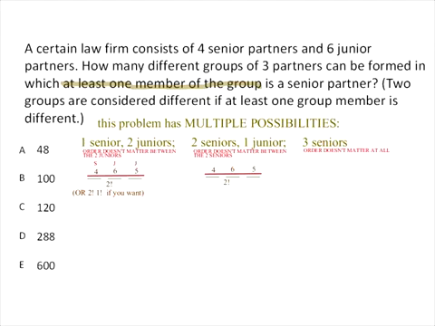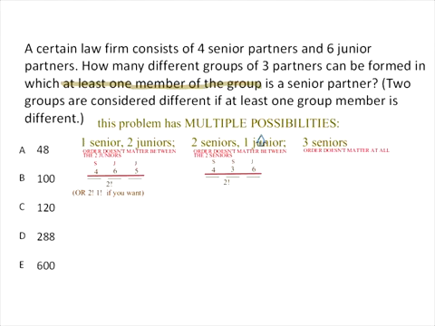Okay, yeah. So this time it's a senior, and a junior. So let's edit the numbers that are there. Senior is still 4. The second senior is 3. And now there are 6 juniors to choose from, so that's 6. These are now the correct numbers. And notice that we're still dividing by 2 factorial because there are 2 interchangeable seniors and 1 junior.